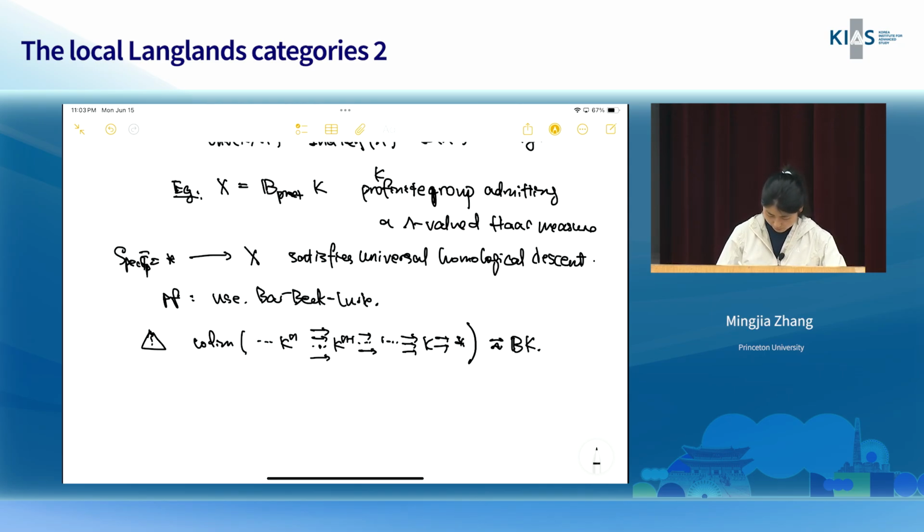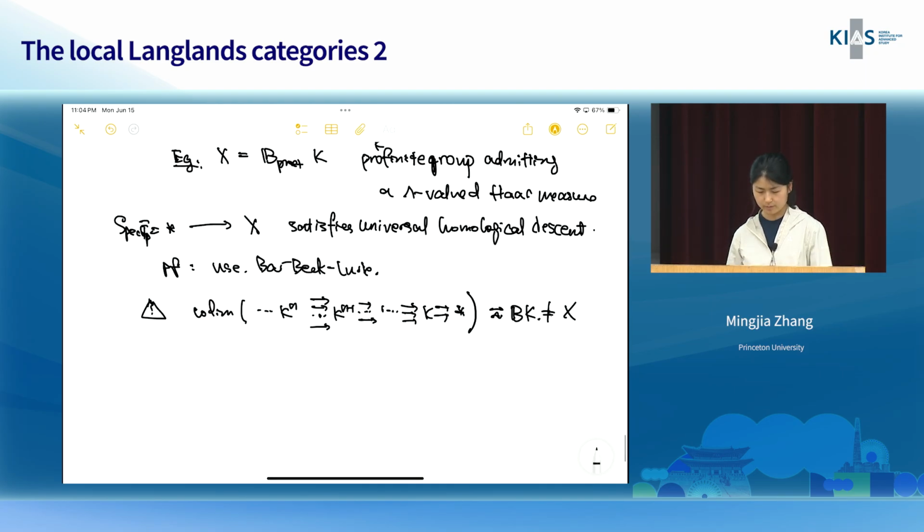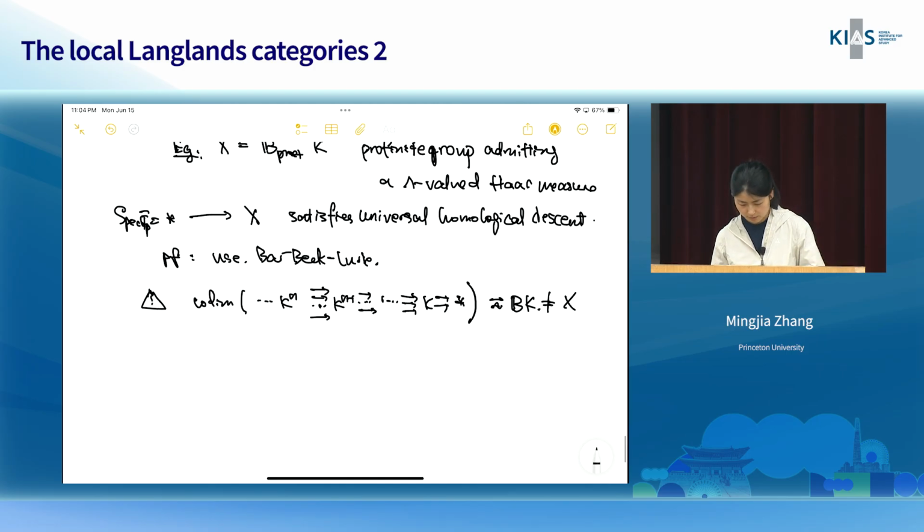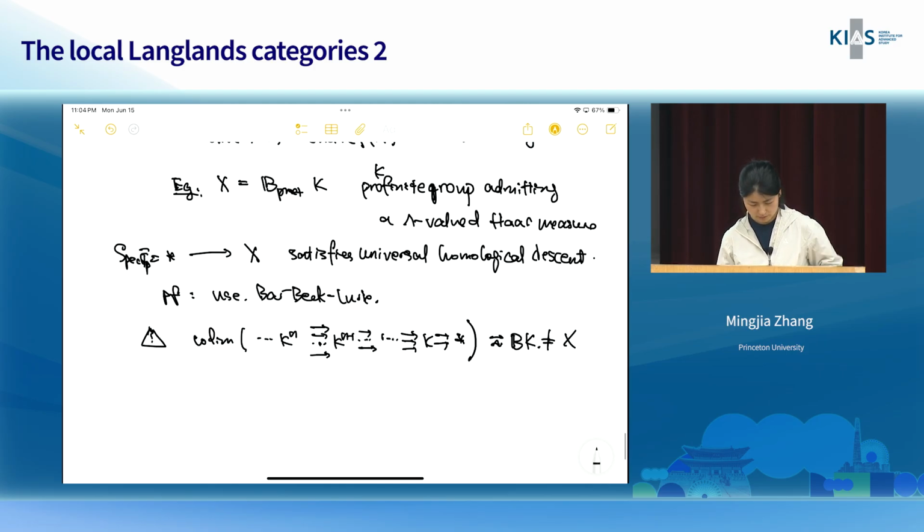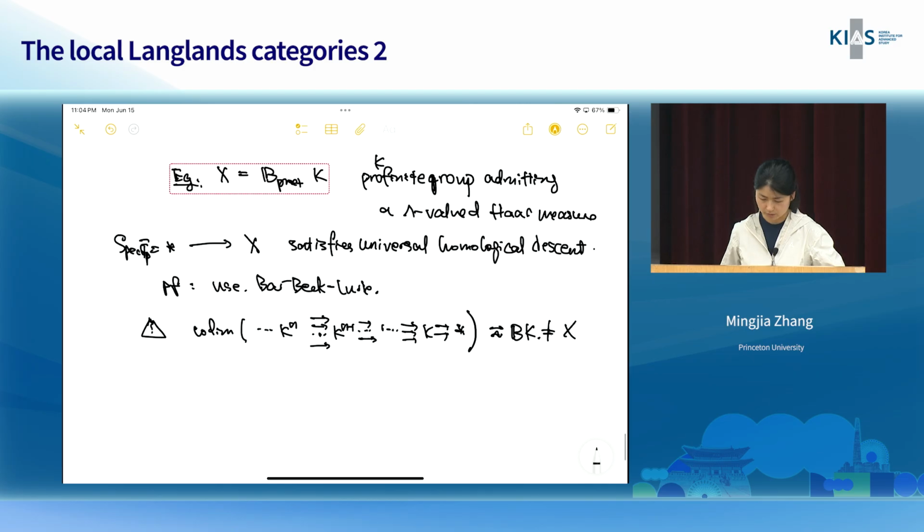However, the problem here is that this does not apply to X, because the colimit of this thing is BK, but not the same as X, because this BK is really the classifying stack of K in this maybe étale topos, but X is some sheafification of it in terms of pro-étale topoi.